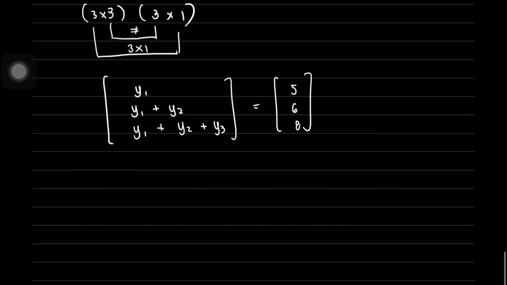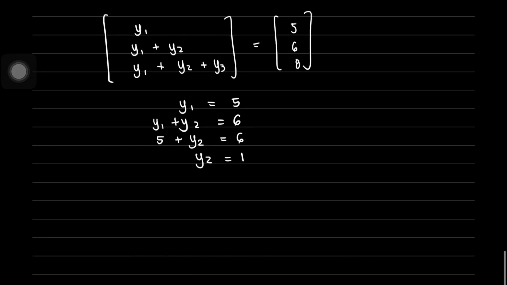So y1 would now be equal to 5. y1 plus y2 is equal to 6. And since y1 is equal to 5, we substitute that value, and we have y2 equals 1. And lastly, y1 plus y2 plus y3 equals 8.